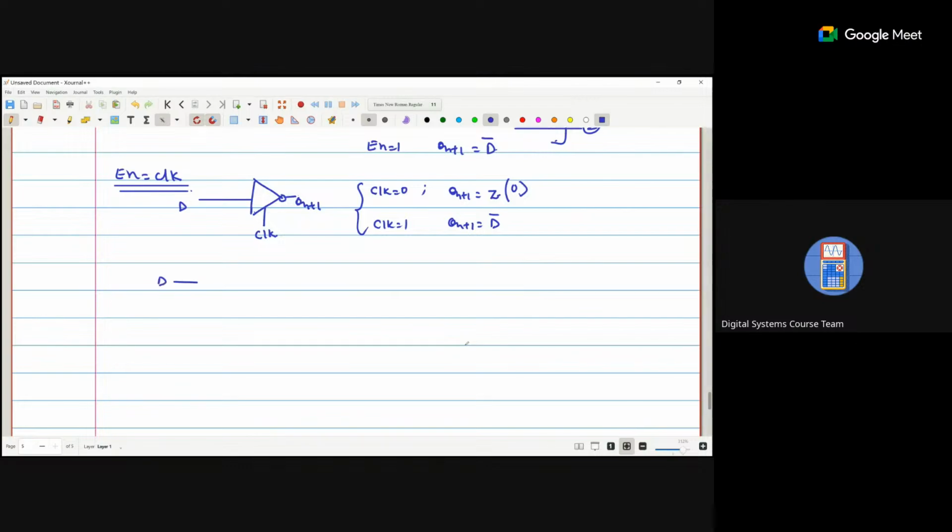So if clock is 0, we are getting Qn plus 1, that is D bar here, and we are taking one loop. I am saying that this is Qn plus 1, and that is Qn.